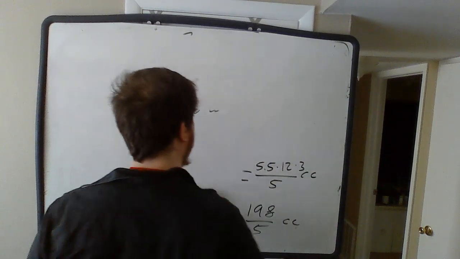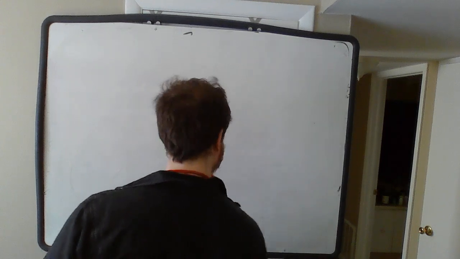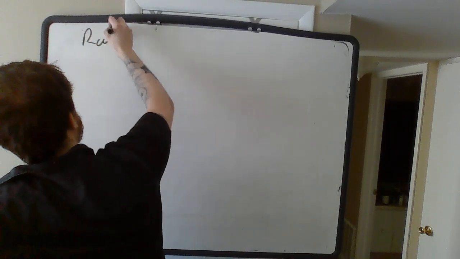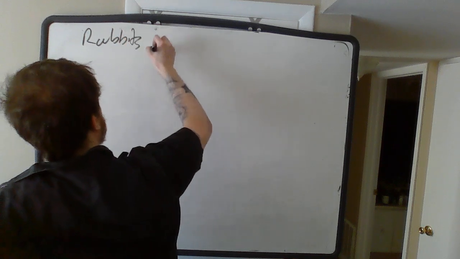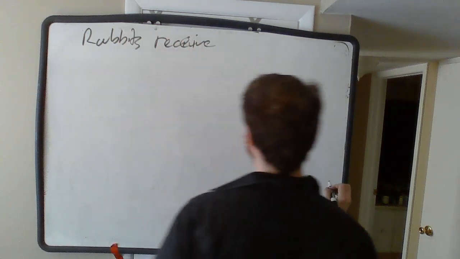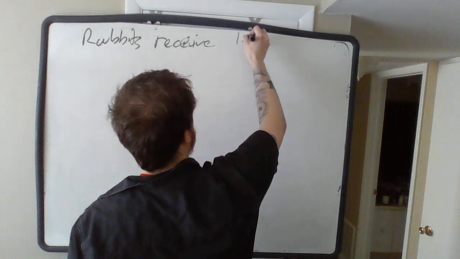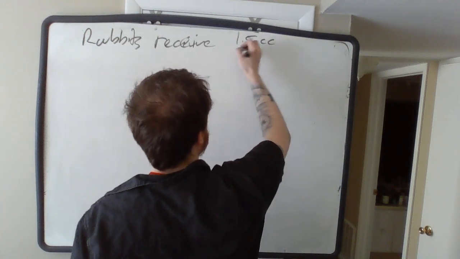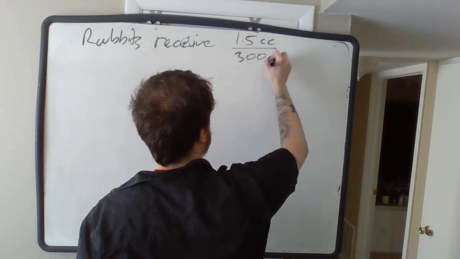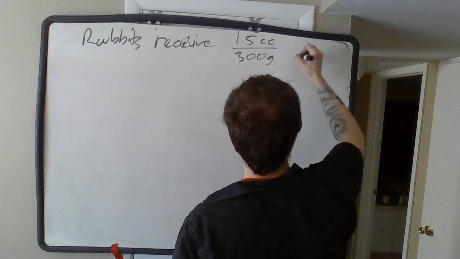Let's take a look at one more example of this kind of thing. Let's say that I have a problem here where rabbits receive, let's say, 1.5 cc's per every 300 grams body weight.